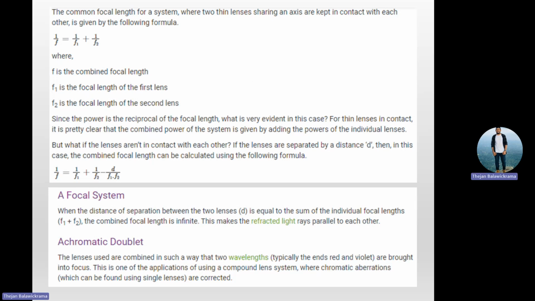The compound lens formula is 1/F = 1/F1 + 1/F2. If these two lenses have some separation D, then what is your F? The answer is 1/F = 1/F1 + 1/F2 minus D/(F1 F2).